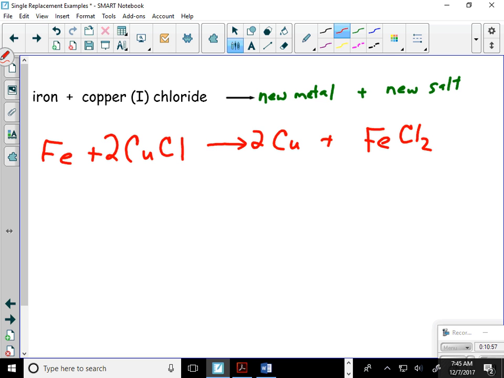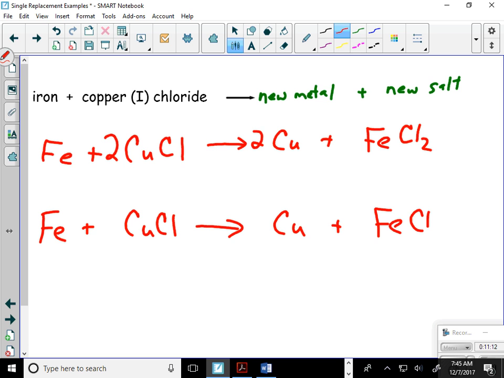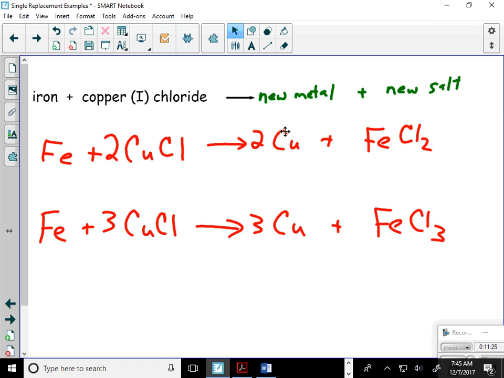Now, let's say that I used iron 3. I'm going to show you how it would be different. I would balance it differently, wouldn't I? I would need to have a 3 here and then a 3 here. So it would be similar, but not.